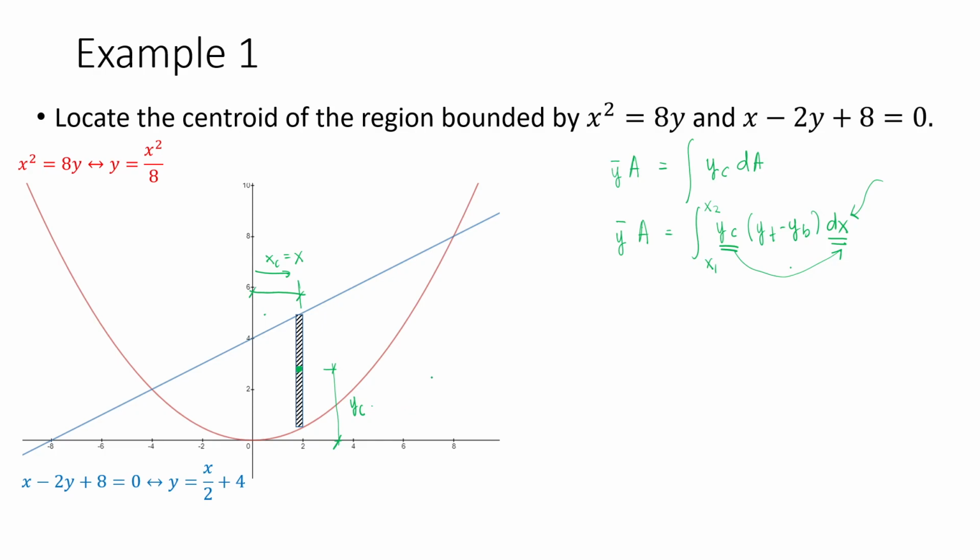To solve this one, at the bottom part of the strip, the location of this point here is y bottom. At the top of the strip, that would be y top.